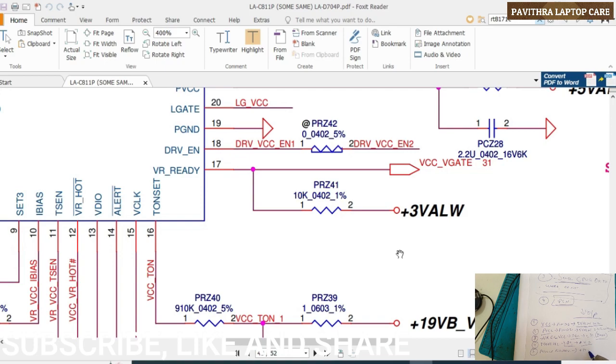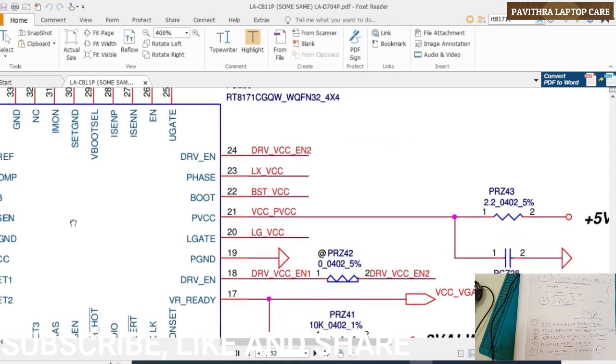Plus 3 volts always. This is also a most important thing. It's pin number 17, but this is the output section. But anyway, we will check the pull-up voltage, because that's the input section. Voltage should be there.